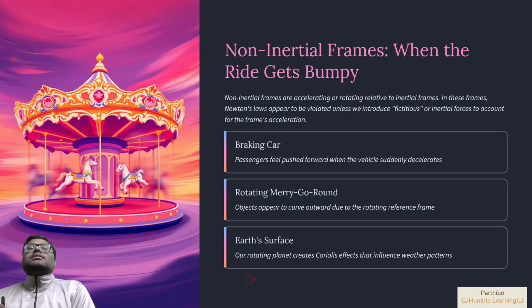So this fictitious force is very important with respect to our calculation. Why are they so important? We are saying they are fictitious, they are not really there, but they come due to the presence of acceleration, due to the different frame of reference. So why should we learn about non-inertial frames? Actually, there is a reason.